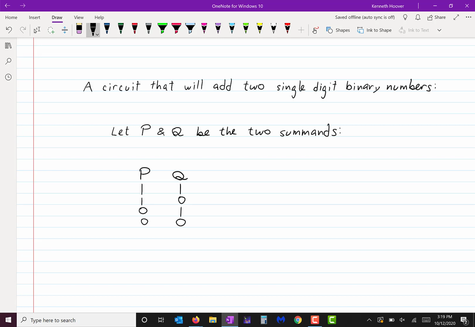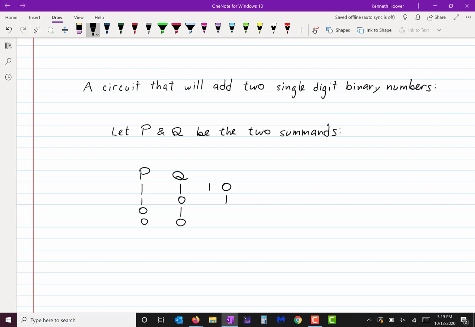Let's write their sum over here next to that. So, what's 1 plus 1 in binary? It's 2. And how do I write 2 in binary? I write it like this. What's 1 plus 0? It's 1, which would normally be written that way, but I want everything to be written with 2 digits so things will be consistent.